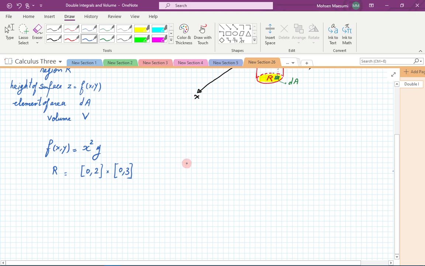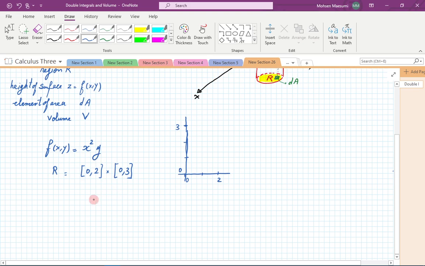What does this mean? Simply it means the interval from 0 to 2, so say this is 2, and 0 to 3. So this is the x and this is the y. Somehow we indicate that rectangle.